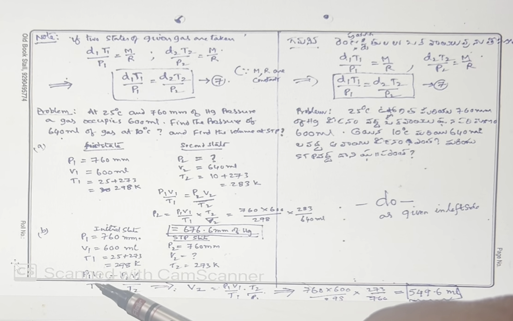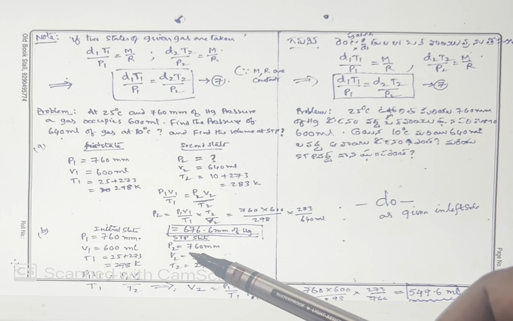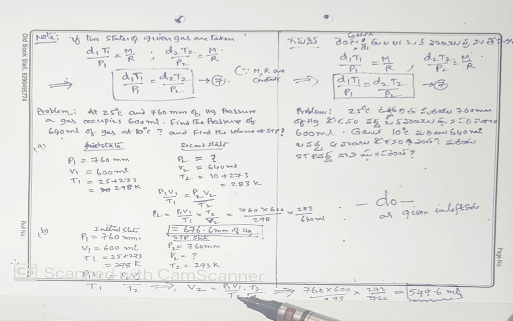Again it is the same combined gas law, P1 V1 by T1 is equal to P2 V2 by T2. You want V2, so V2 equals P1 V1 by T1 into T2 by P2, 760 into 600 by 298 into 273 by 760. That 760 cancels out, so after calculation you will get 549.6 ml.